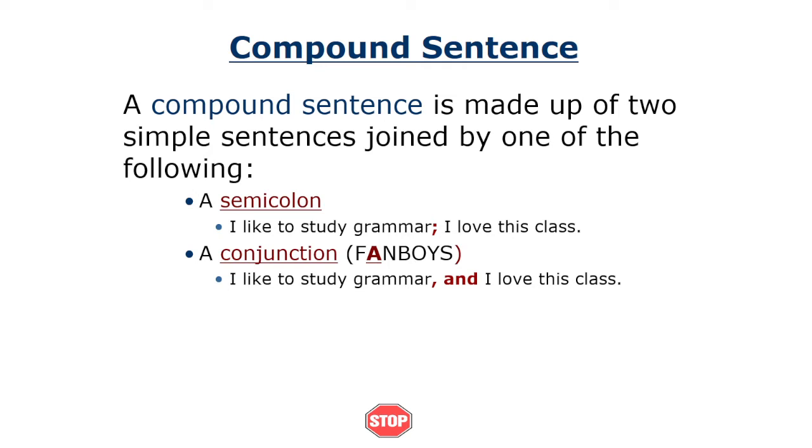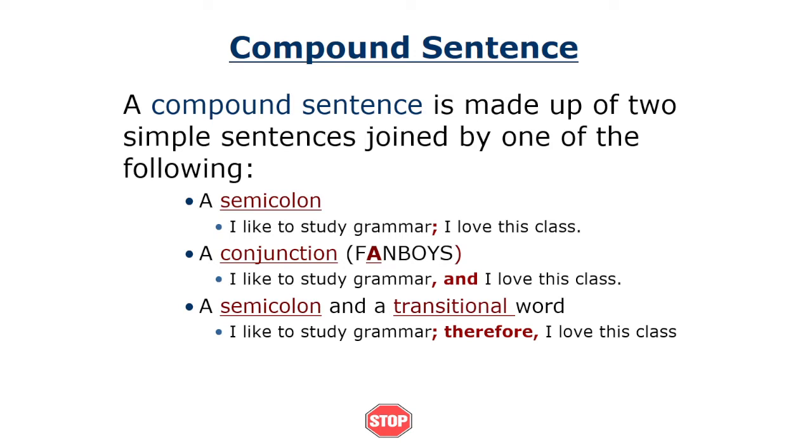Number two, a conjunction: I like to study grammar, and I love this class. Number three, a semicolon and a transition word. For instance, I like to study grammar; therefore, I love this class.